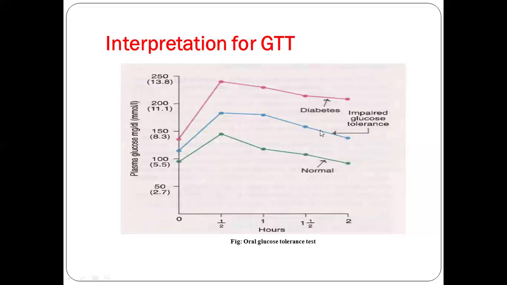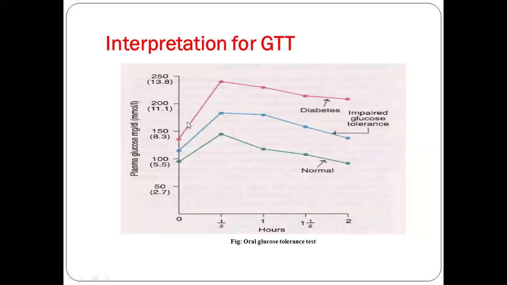So this is not going to give you a clear cut picture. It is neither normal nor increased that much. So in between that, you can call it impaired glucose tolerance. Some alteration is there, but not confirmatory diabetes. So it is called impaired glucose tolerance.